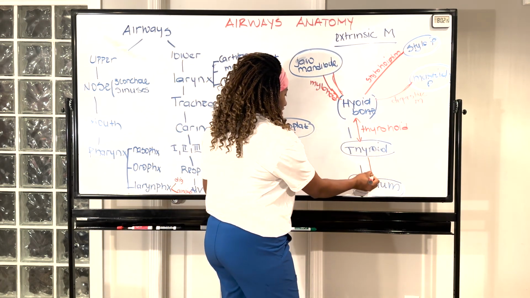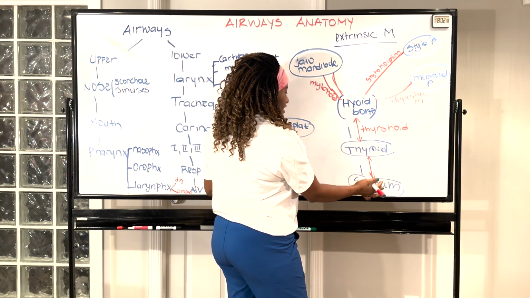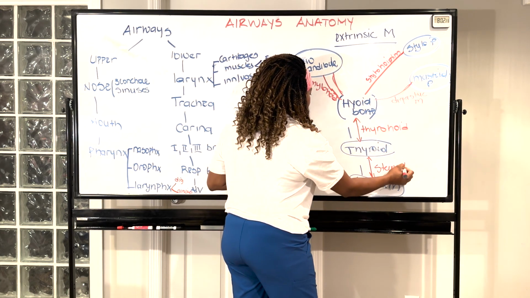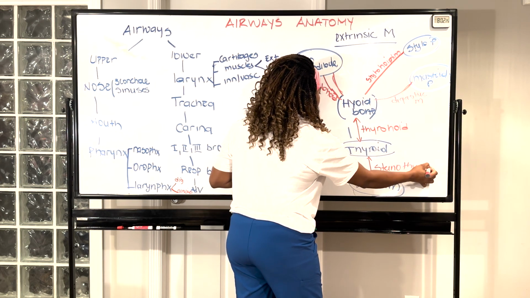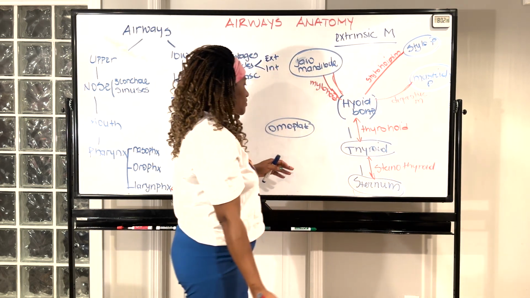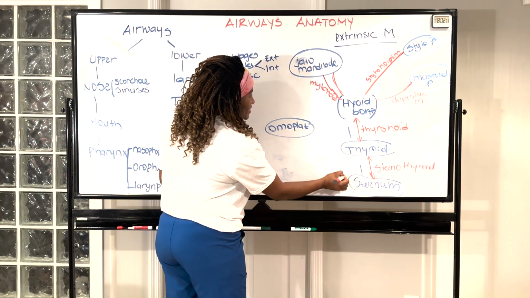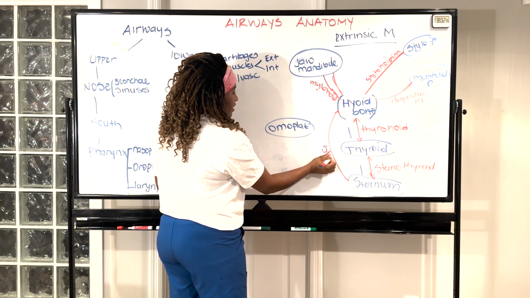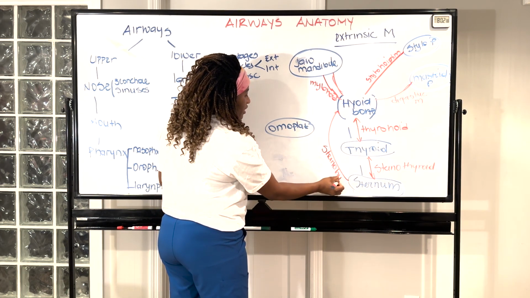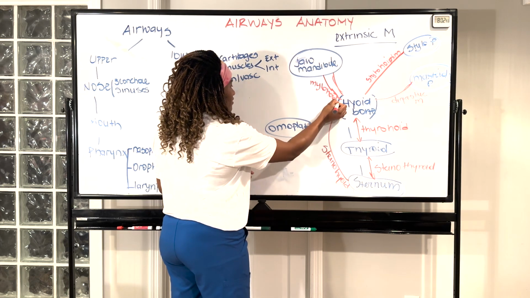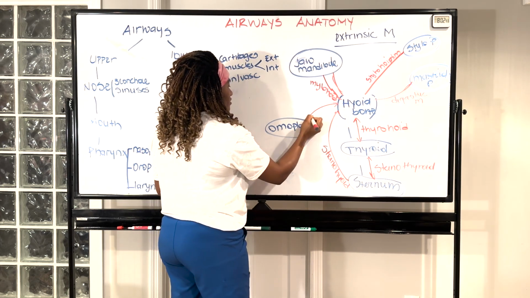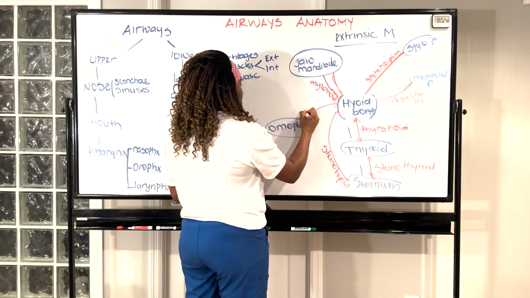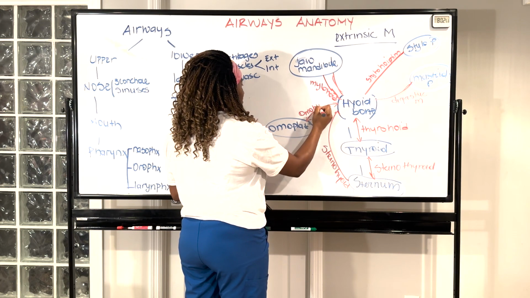And then you're going to have your sternothyroid. Simple. And then you're gonna have your sternocleidomastoid right here. And then you're gonna have here your omohyoid, omoplate, omohyoid.